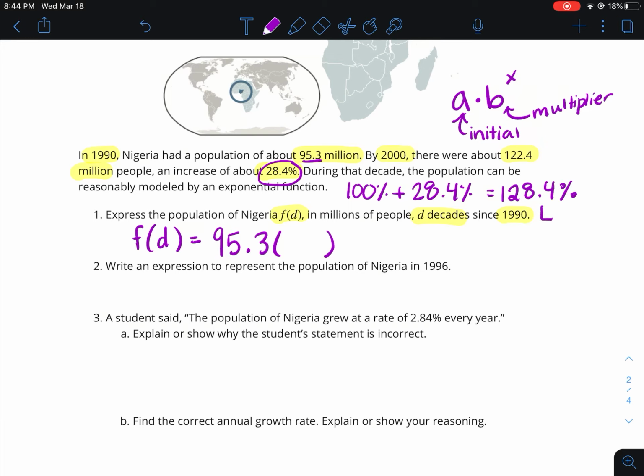So then your multiplier, that is the decimal, is 1.284. So that's what I'm putting in as the multiplier. And then it's the power of d for decades because it asks for f of d.